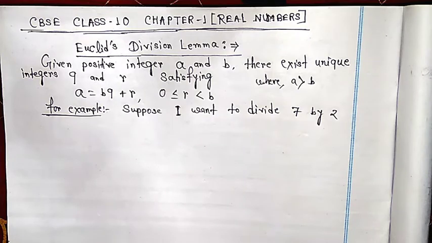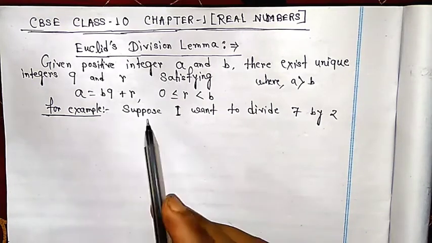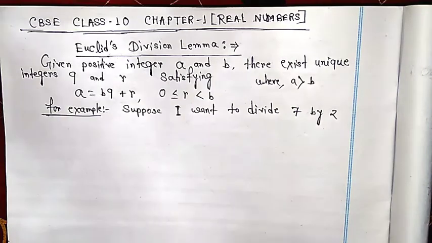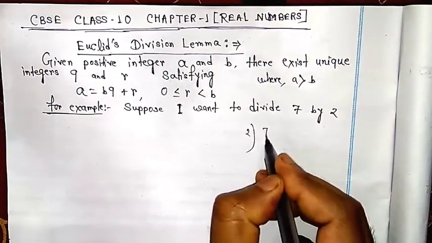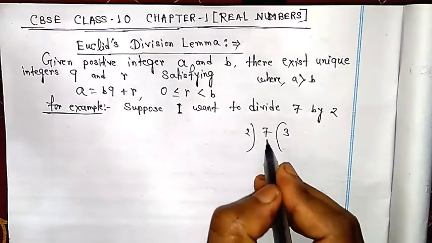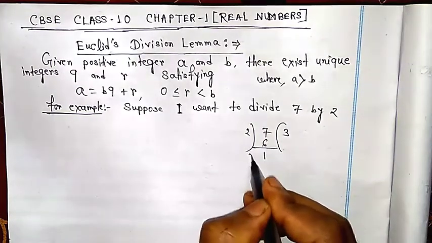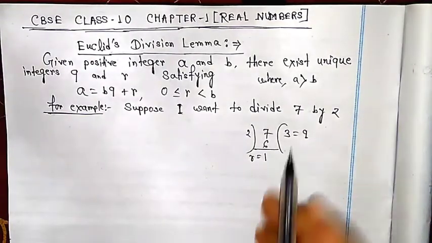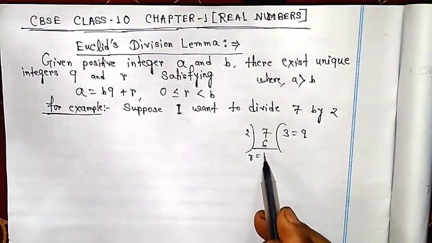Now let us understand by taking an example. Suppose I want to divide 7 by 2. What is the quotient? It's 3, since 2 threes are 6, and the remainder is 1. So quotient q equal to 3 and remainder r equal to 1.